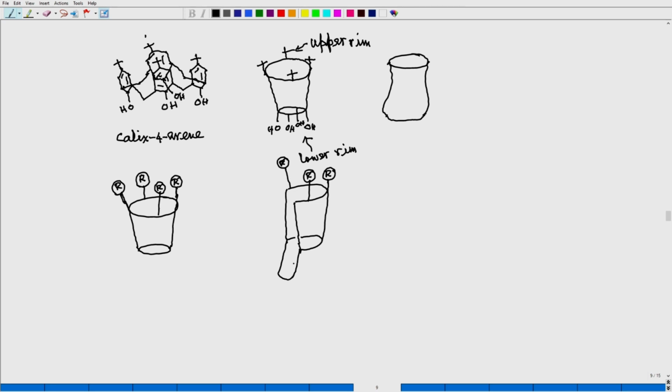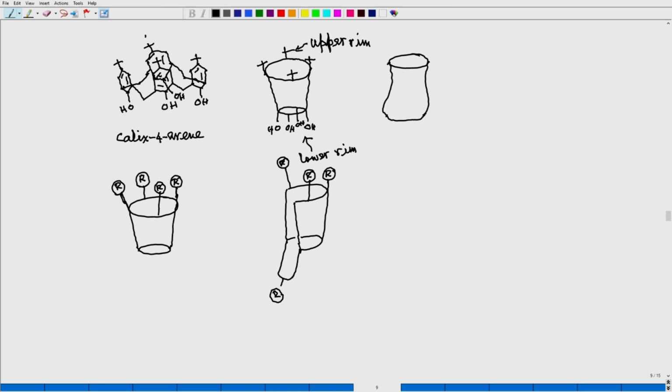Okay. This one is there. So, one of these groups can invert and come down like this. Okay. They can easily come like that, and that happens at room temperature. So, that is why it is very interesting.